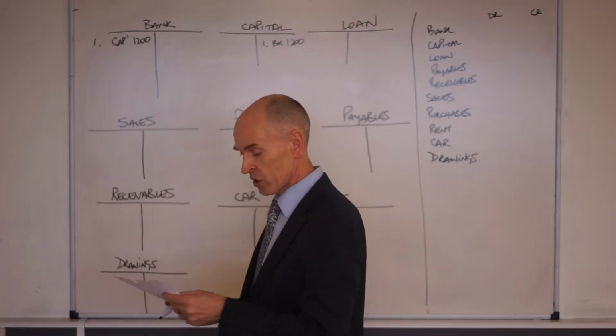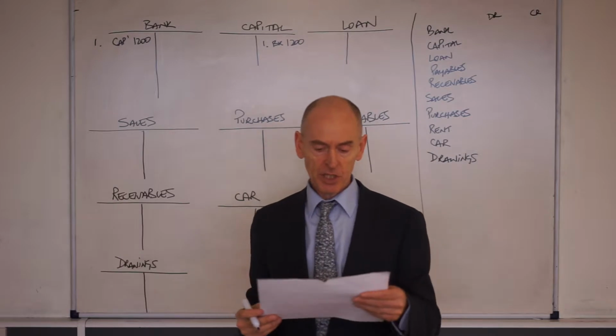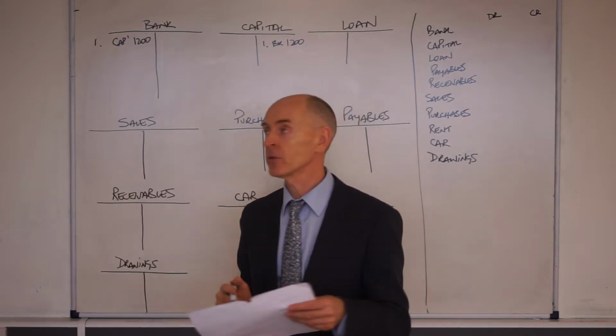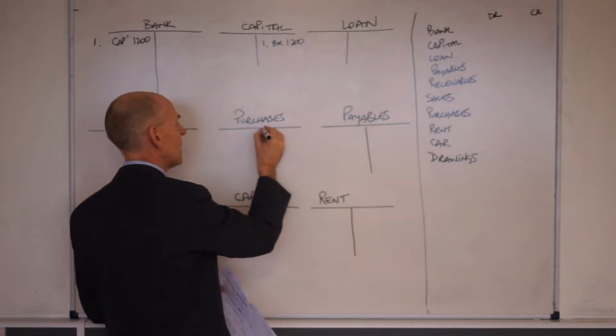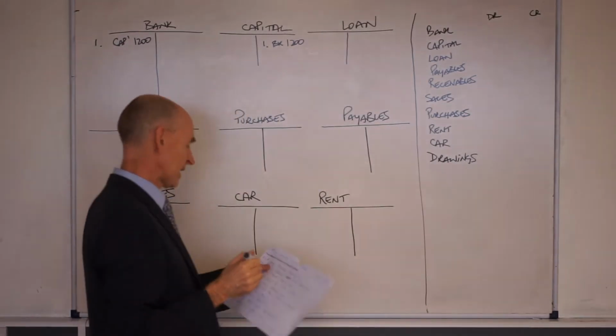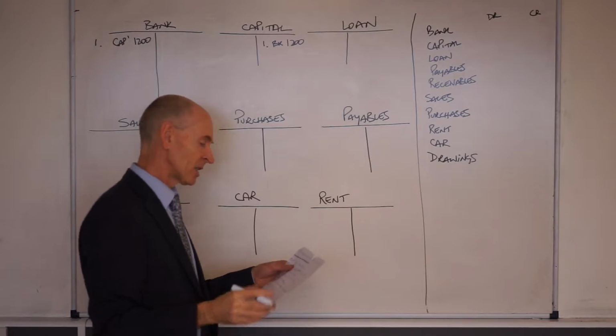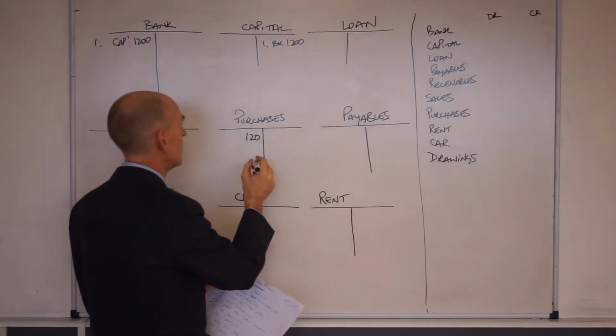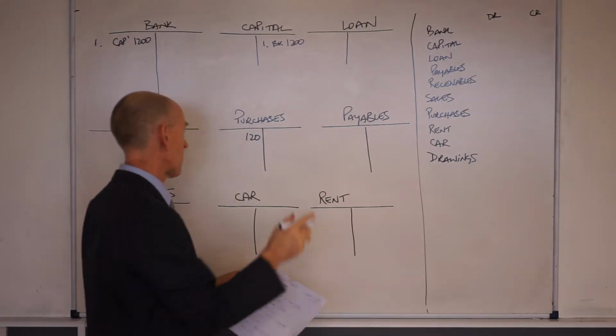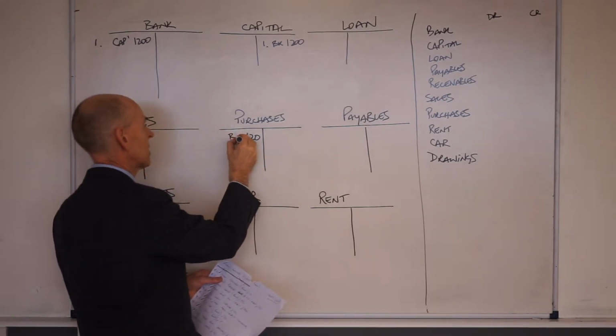Okay, transaction 2, we're going to make purchases using the bank for £120. So we look at purchases. We know purchases to be an expense. An expense or expenses are debits, so £120 on the debit side, and we're using the bank, so bank is the other side of the transaction.